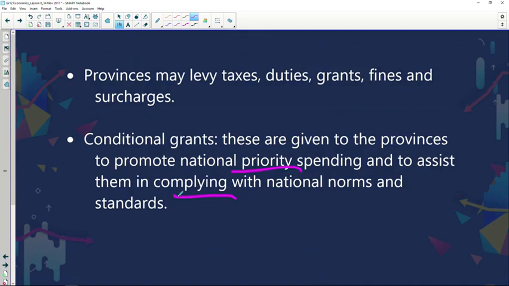So provinces may need a bit of help in order to meet the national standards. For example, in the Eastern Cape, the education system was not in a good place. So government had to put in certain measures in order to bring them up to speed in terms of improving their service offering when it comes to education.